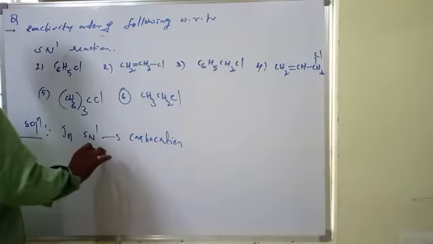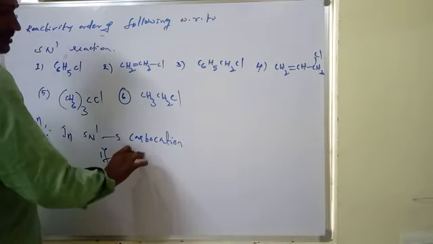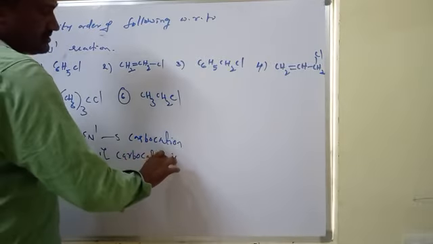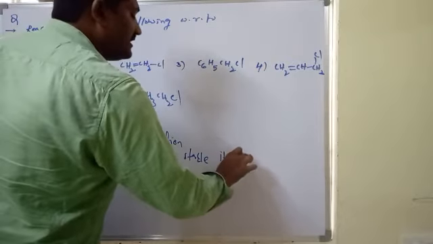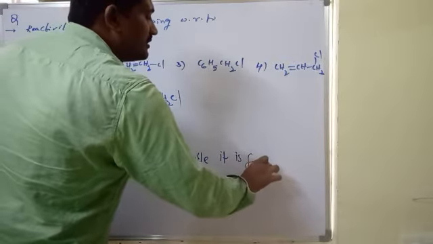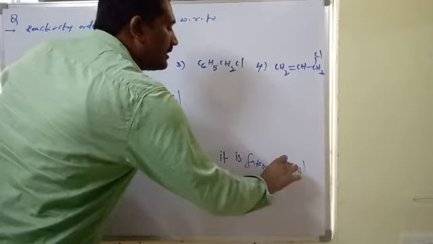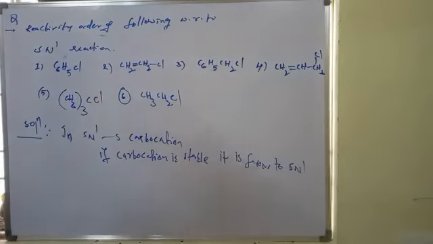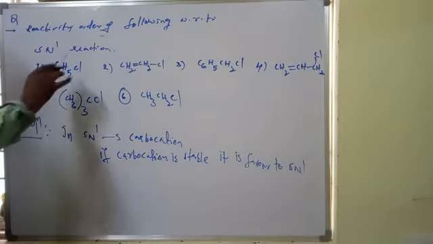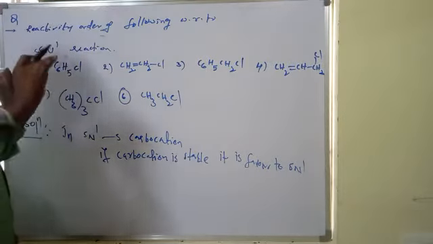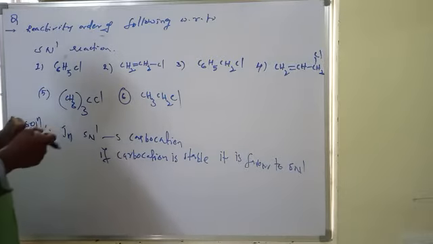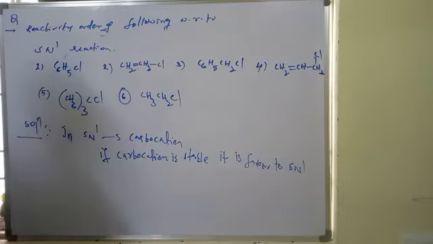If the carbocation is stable, it favors the SN1 mechanism. So the reactivity depends on the SN1 mechanism. For SN1, the carbocation intermediate forms, that means first the halogen is eliminated. Then after that we compare the reactivity.